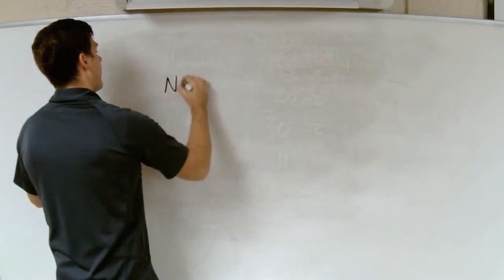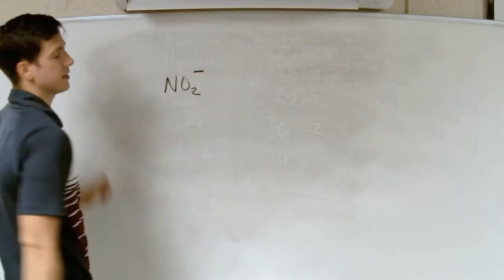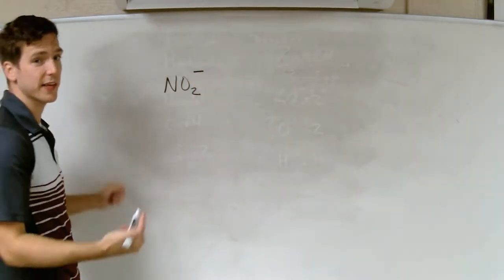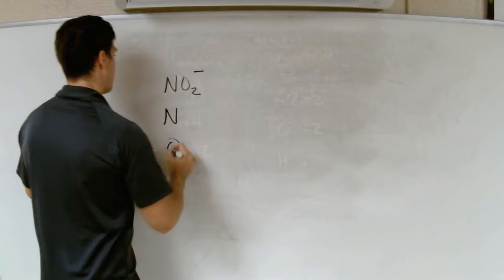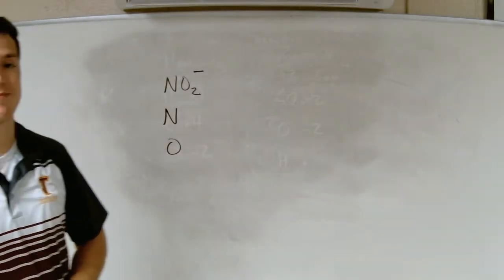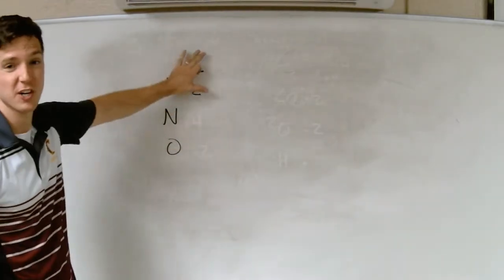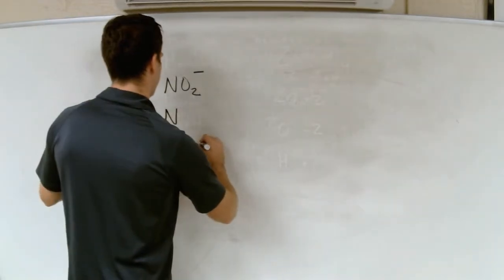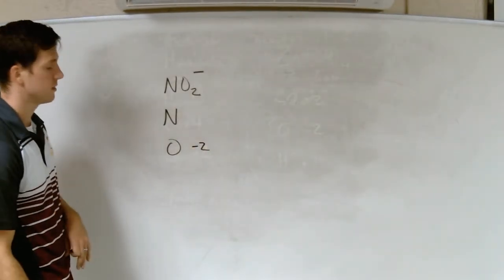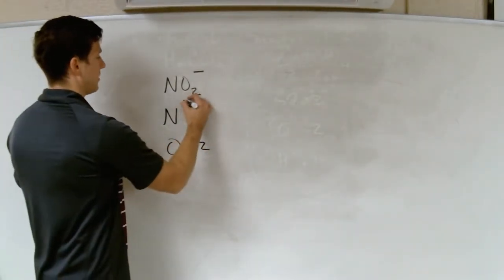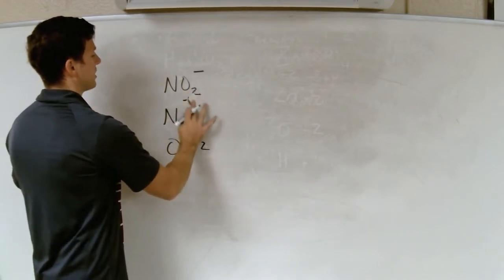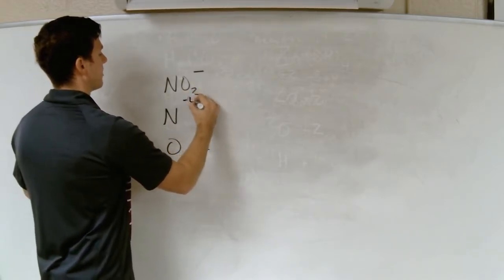We have NO2-, okay? Here I only have 2 elements, N and O. I've got to match a -1 charge at the very end. I know oxygen is -2, okay? Again, each oxygen is -2, so altogether it'll be -4.